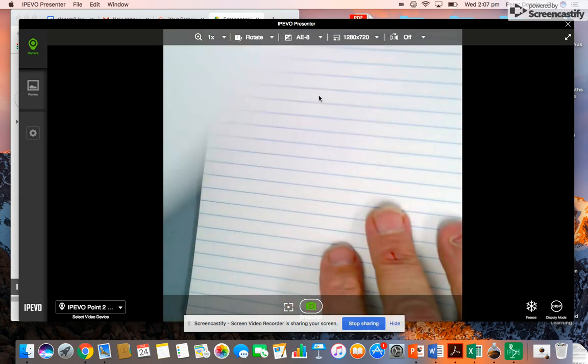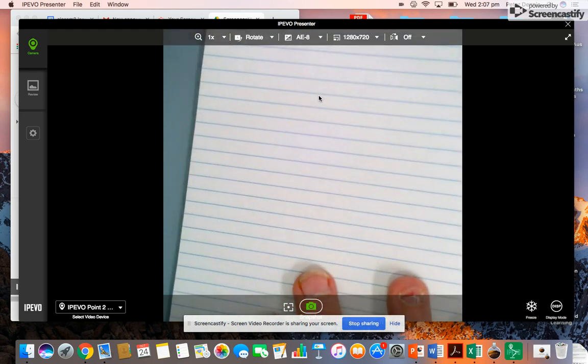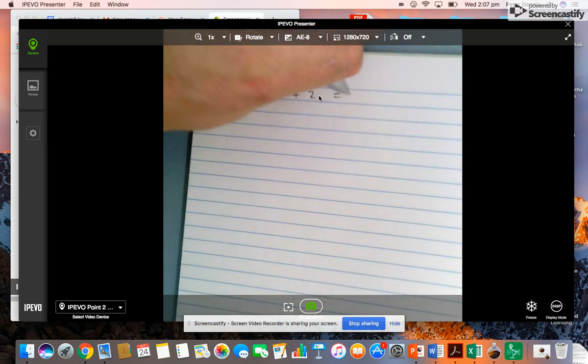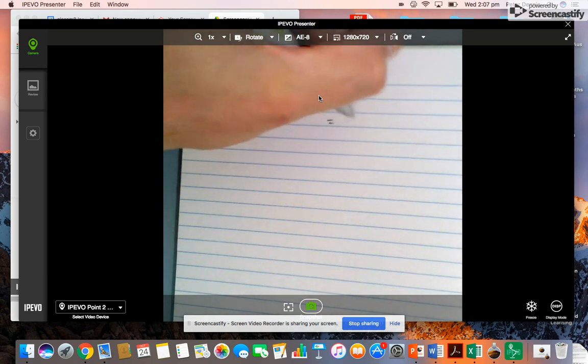So let's look at another example. We might have x squared plus 10x plus 2 equals 0. We're going to complete the square. So x squared plus 10x equals minus 2.